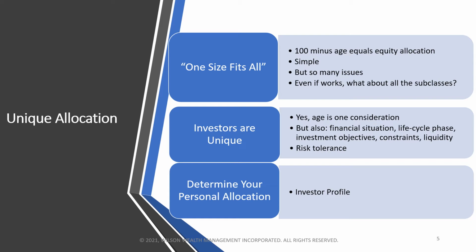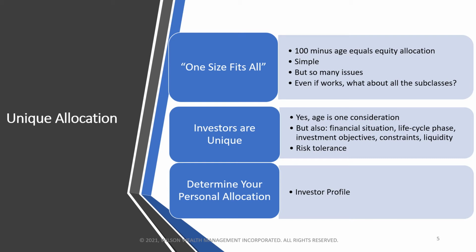Even if it does work, you also have issues with all the subclasses. How do you fit in the risk return profiles of all the different equity subclasses if someone just says buy 75% equities? So I think there's a little bit more thought process involved than one size fits all. And as I said up front, investors are unique. Age is a consideration, but also what's your financial situation?